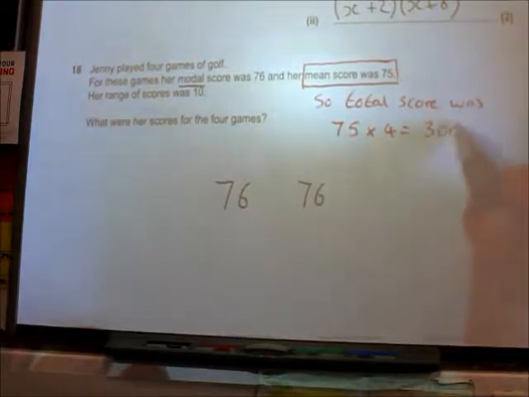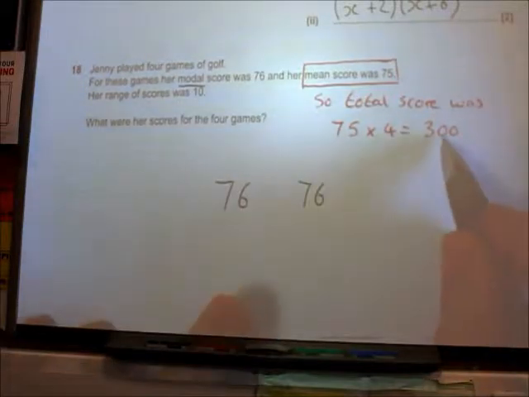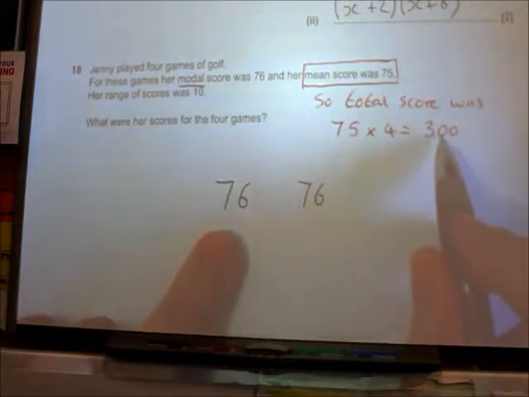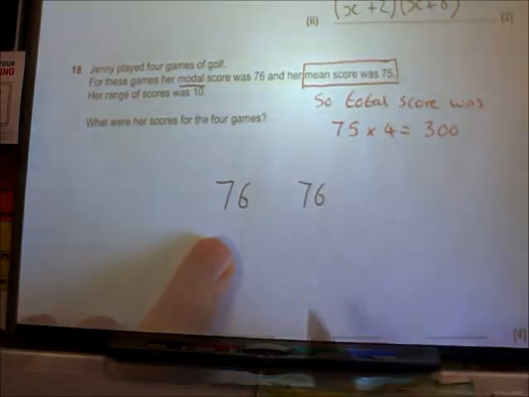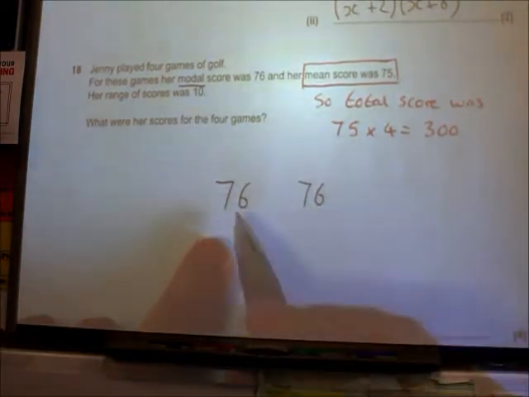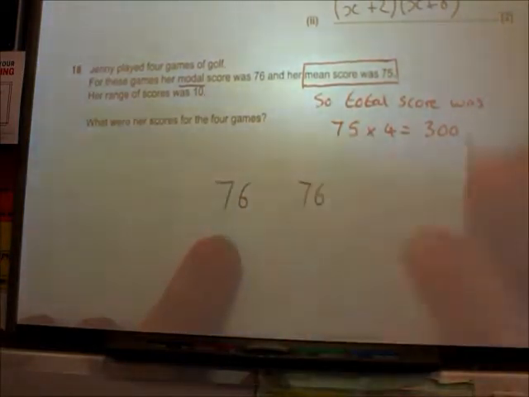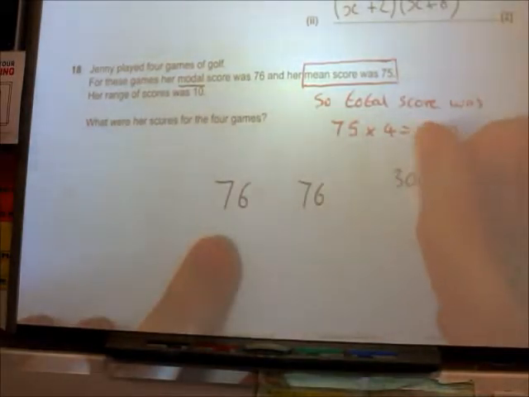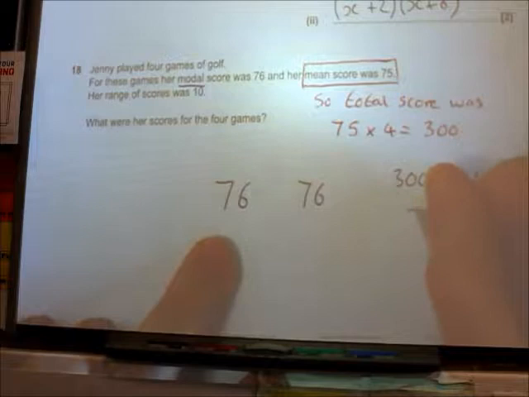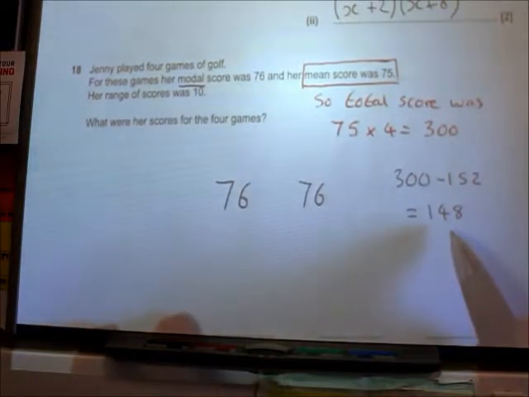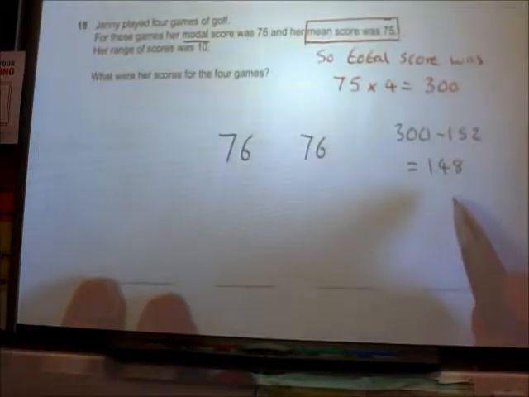That is the total score she got overall in those games. So what I'm going to do is take away 300, take away 76, take away 76. So if you add 76 and 76, that is 152. So I'm going to do 300 take away 152, and that will leave me with 148. So her other 2 games, the scores must add up to 148.